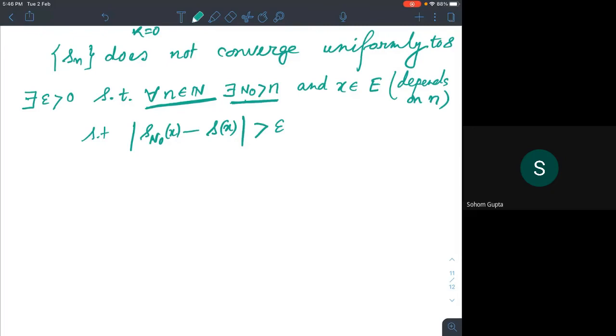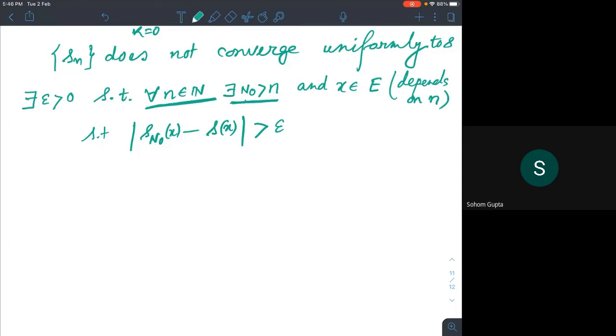Well, you can put small n, but if you put small n for all n, you have Sn x minus Sx that may not be greater than epsilon, but there might be some other different one which is greater than epsilon.